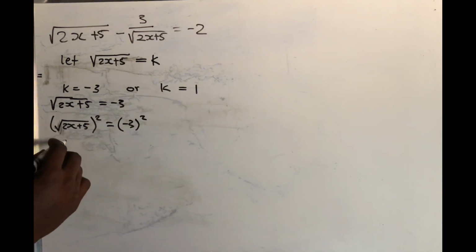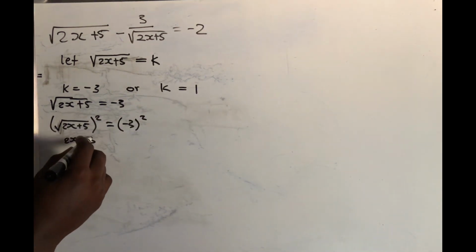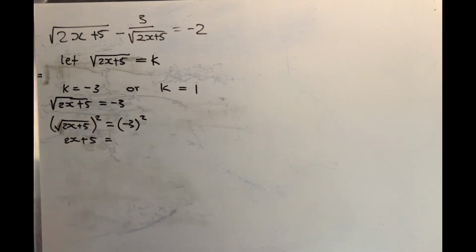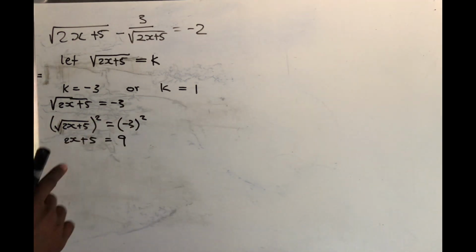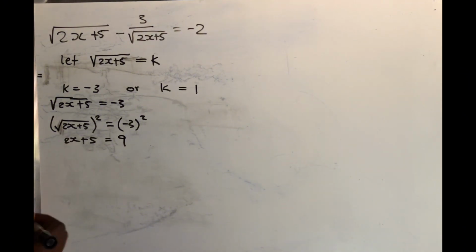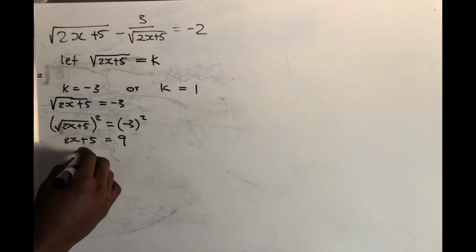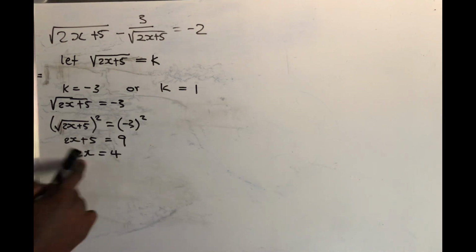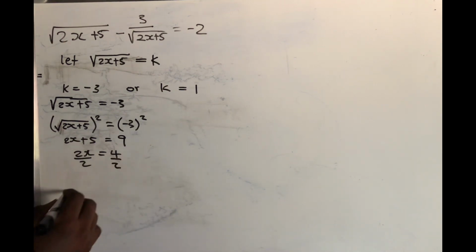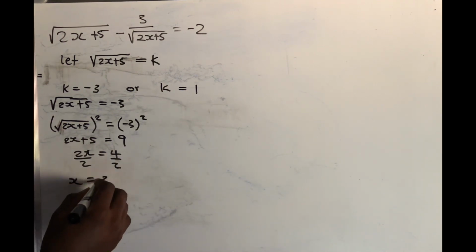You'll be left with 2x plus 5 equals 9. Take the 5 to the other side: 9 minus 5 gives 4. Then 2x equals 4, and you divide by 2 on both sides to get the value of x. x equals 2.